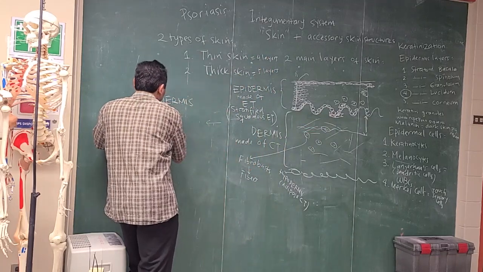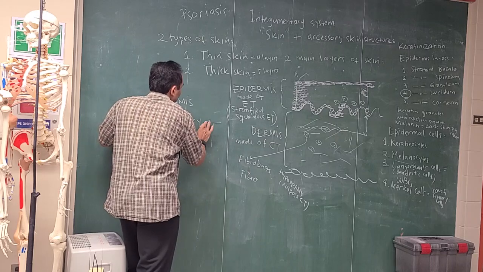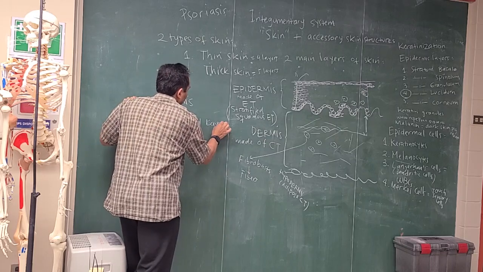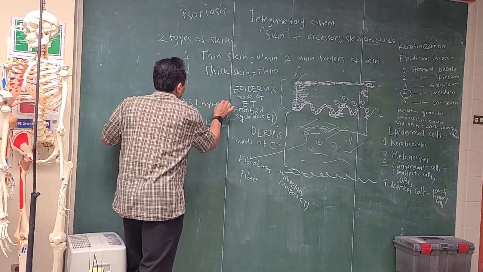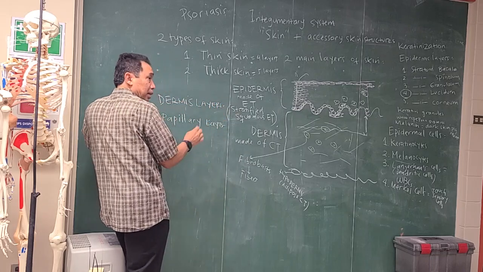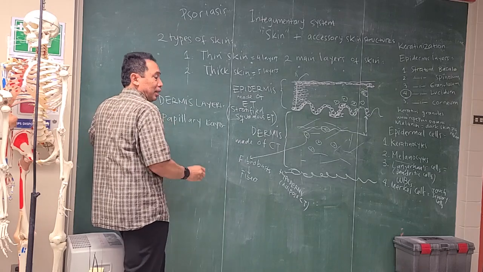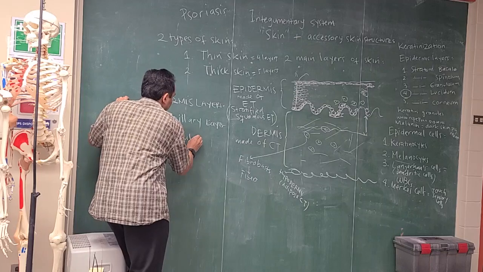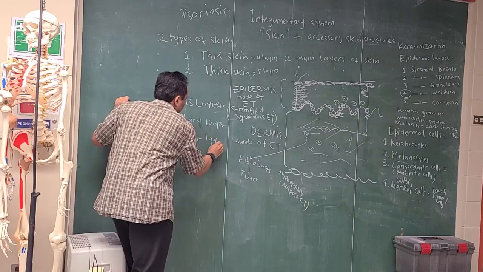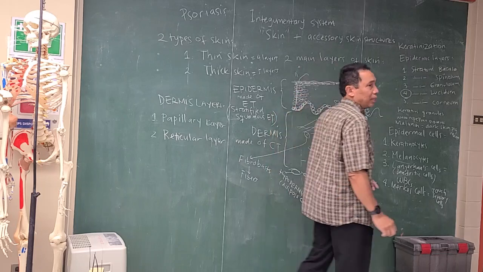So the top one is the papillary layer, about 20%, and 80% is the reticular layer.